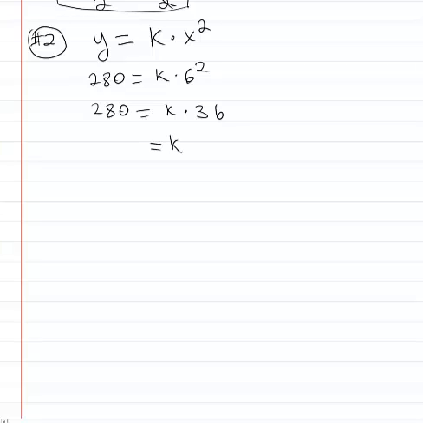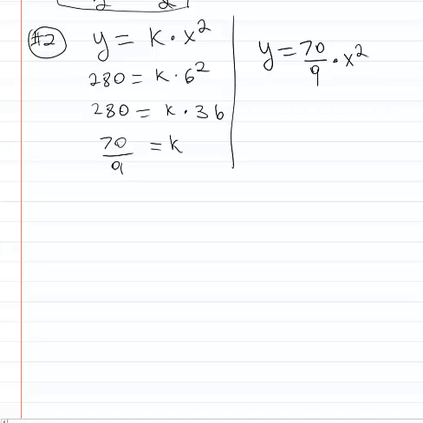Let me grab my calculator. 280 divided by 36 gives us 70 over 9, or you can also use a decimal. So then we get y equals the constant, which is 70 over 9, multiplied by x squared.